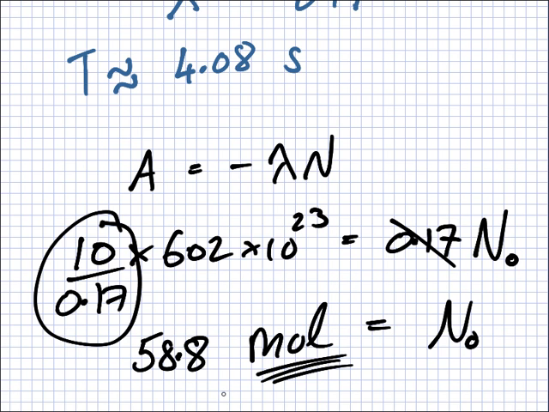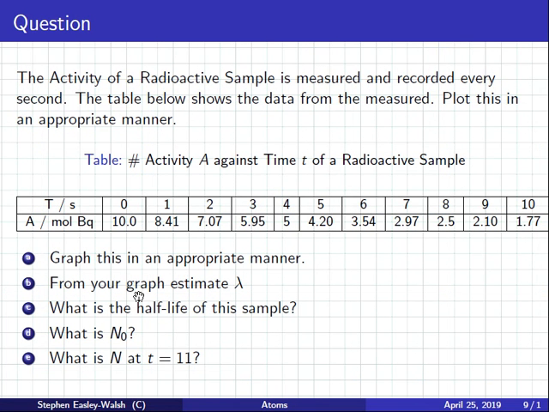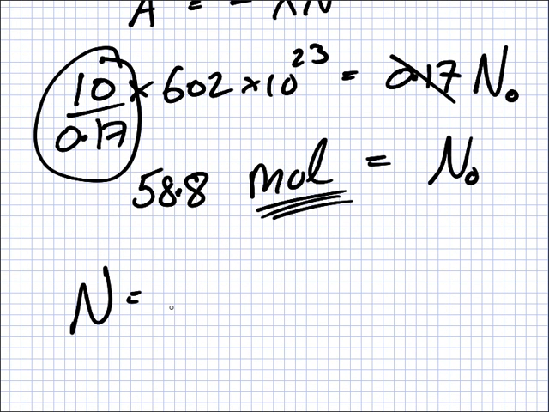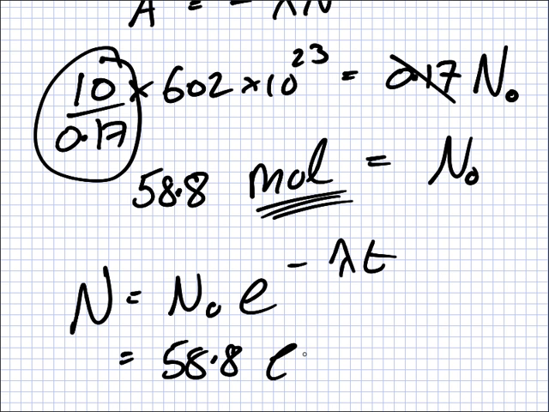Okay. What is n when t is 11? Alright, well we know this. We can say n equals n0 e to the minus lambda t. So that's 58.8 e to the minus 0.17 times 11 moles. We're using moles.